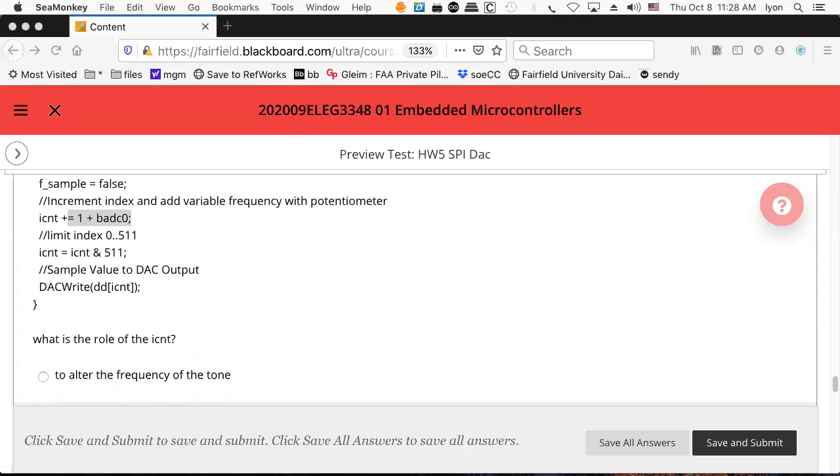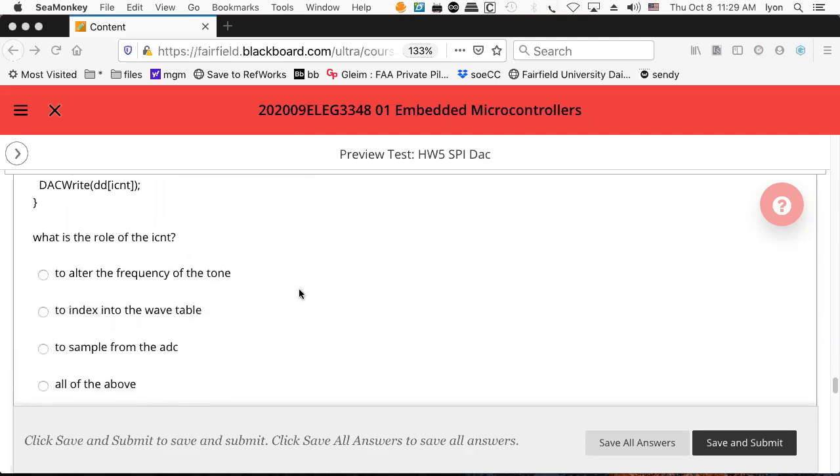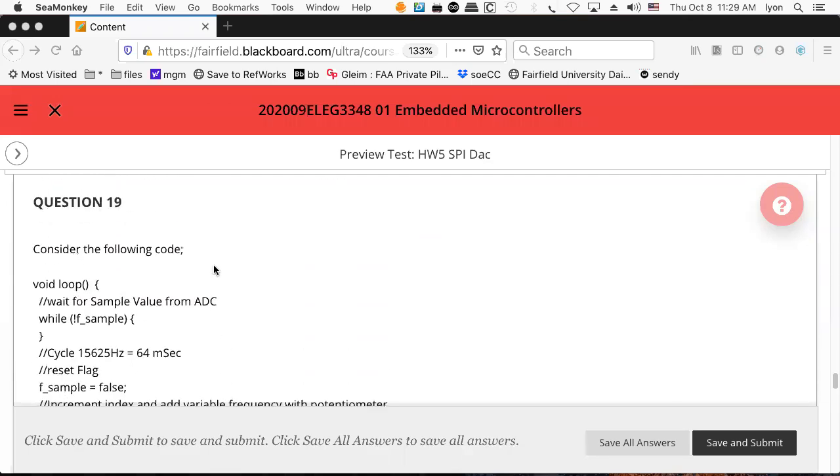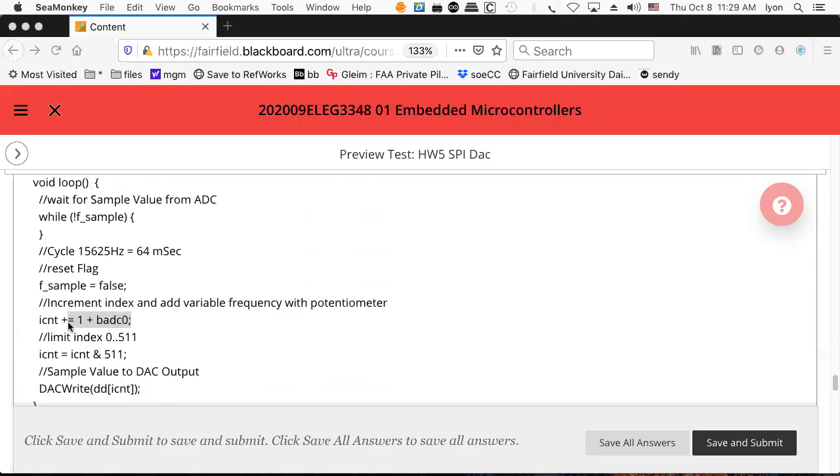This is number 19, I think. What is the role of the ICNT? Index into the wavetable is the answer that I am showing. I guess you wouldn't say it's to sample from the ADC because it's really the sample plus 1.